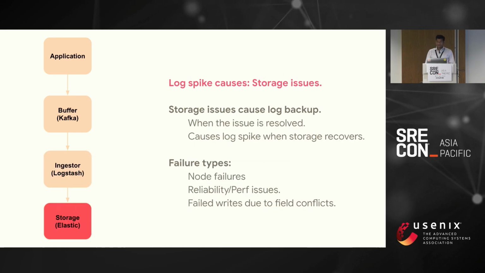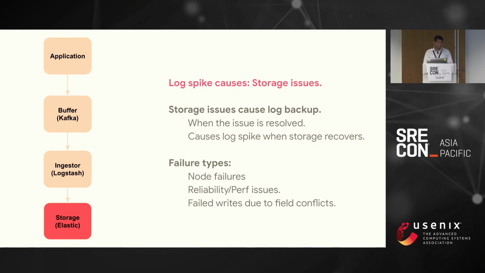Similarly, while we are on the topic of failures, storage can also fail. Storage, when it fails, causes backup, and when the storage comes back up, it tries to catch up, which to storage looks like a log spike, right? You can imagine any number of ways storage can fail. It could be a simple node failure, it could be a reliability or performance issue with your storage infrastructure, or it could be something data related.